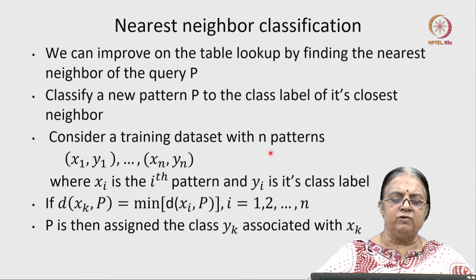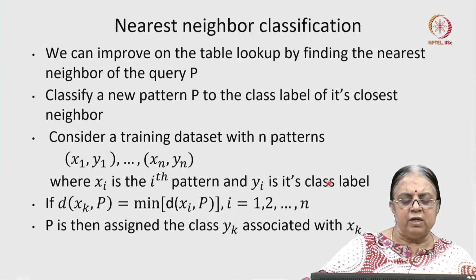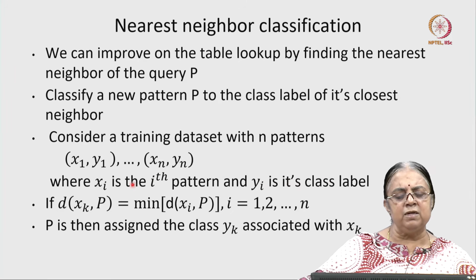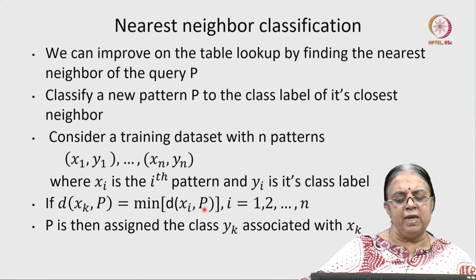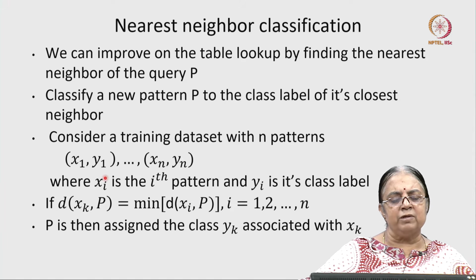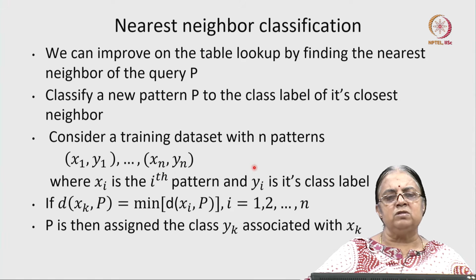Suppose you have a training set like x1 y1 through xn yn, where xi is the ith pattern and yi is its class label. Then you find the distance between the pattern P and each of these patterns and see which is the pattern to which it is the closest.